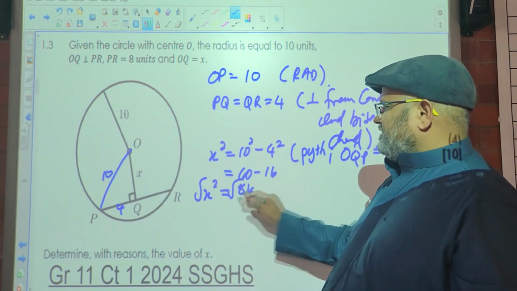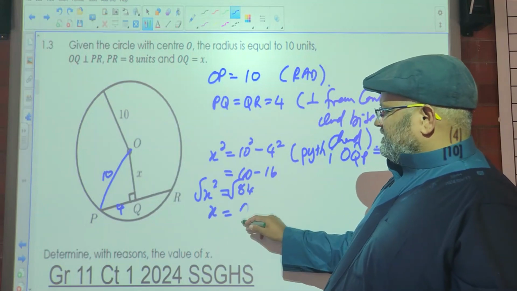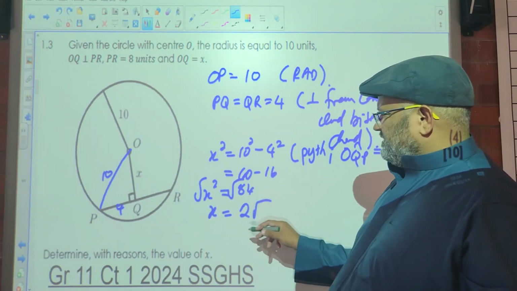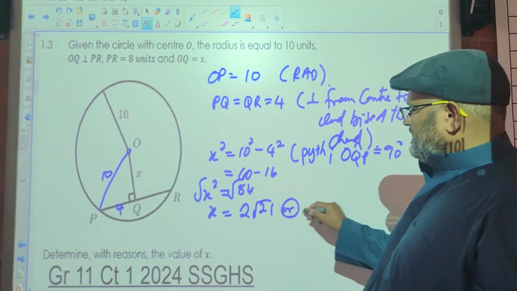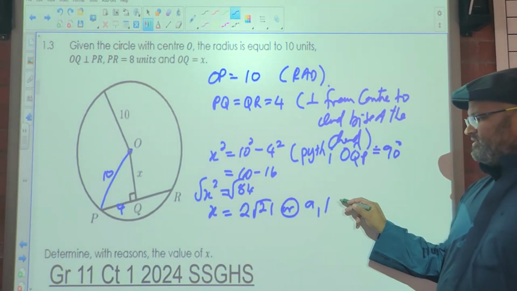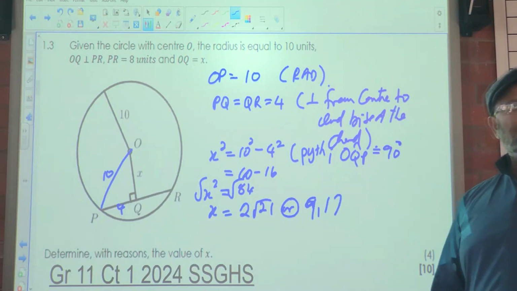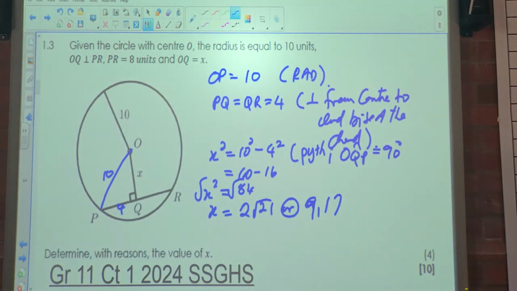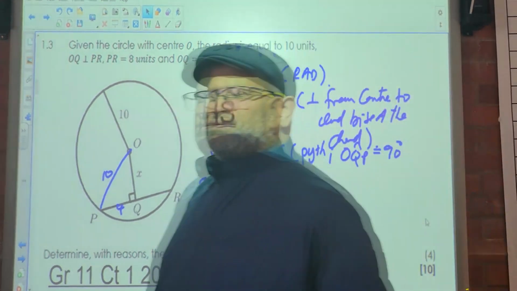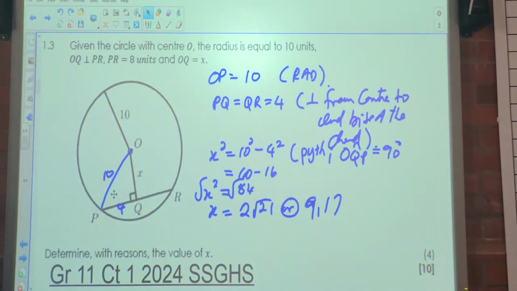So x is the square root of 84, which is 2 root 21 or about 9.17. Right, you guys understand? Is there any confusion? No.